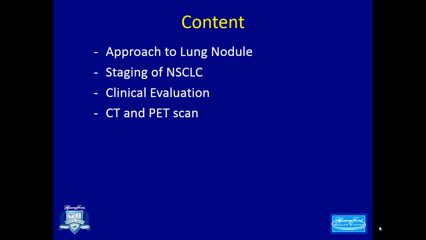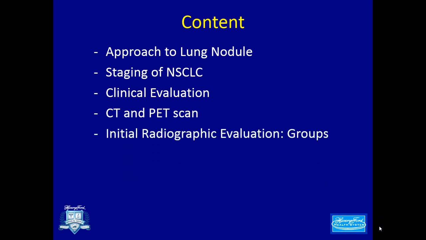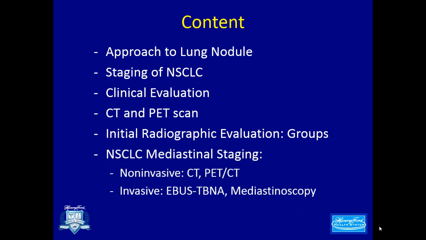CT and PET scan, some ideas of when we should order them. Then the initial radiographic evaluation. There are different groups that we can put these patients in, and that will help us approach patients with suspicion of lung cancer. Then we'll go to mediastinal staging of lung cancer, the different techniques, non-invasive and invasive, and then we'll go to conclusions.